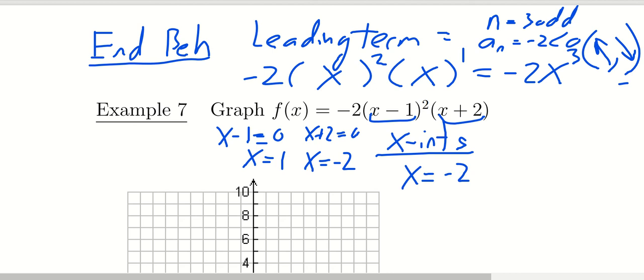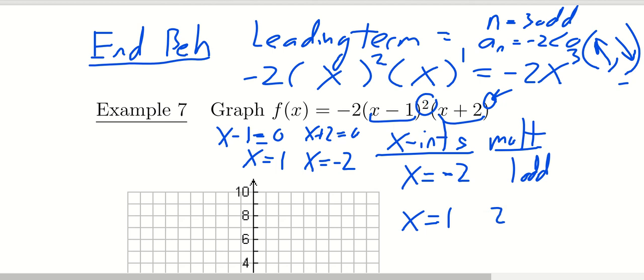So we have these x-intercepts, negative 2, positive 1. We can discuss their multiplicity. The intercept of negative 2 came from a factor that appeared with a multiplicity of 1, which is odd. And x equals 1 came from a factor that was raised to the second power, so it has multiplicity 2, which is even.